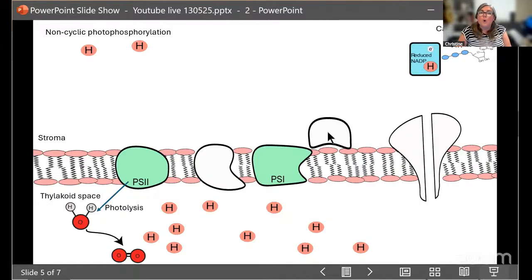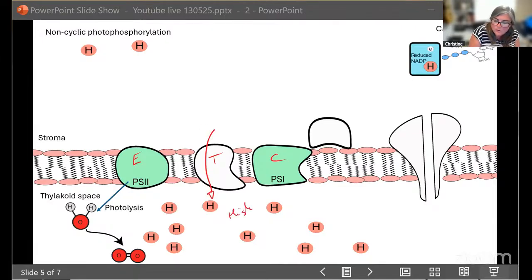So the non-cyclic photophosphorylation, the electron transport chain, let me just add this in here. The electron transport chain is needed to create the concentration gradient.